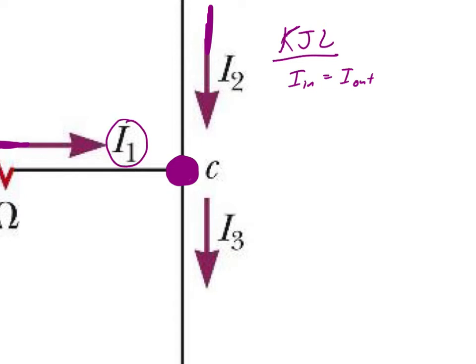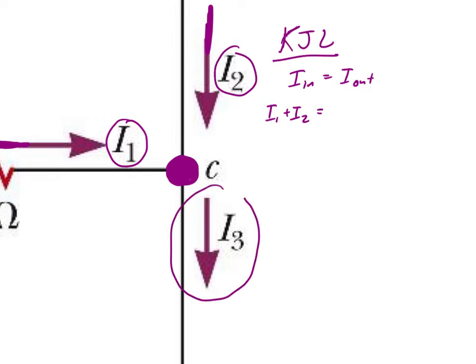Specifically, I1 is pointing towards C, and I2 is pointing towards C. I1 plus I2. On the other hand, we have out. I3 is pointing away from junction C. Therefore, it's like so.